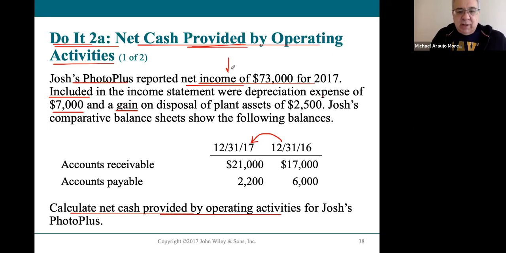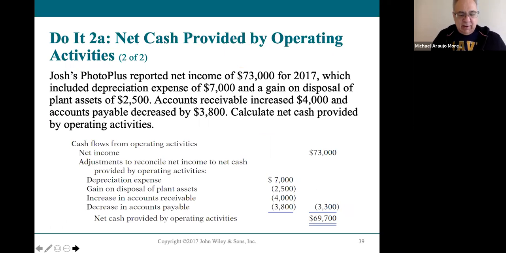Our starting point is always the net income, because that's what we're converting. So we start with the $73,000 of net income. Then we go through our adjustments. First thing we do is add back the depreciation expense. We had a gain, which we added to get the net income. So we're going to subtract it in the cash basis. Take it away.